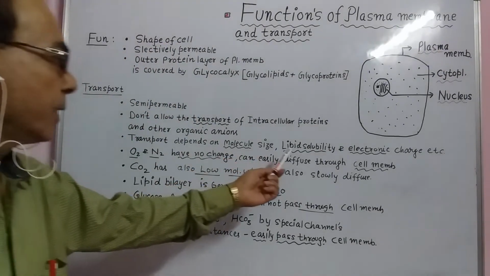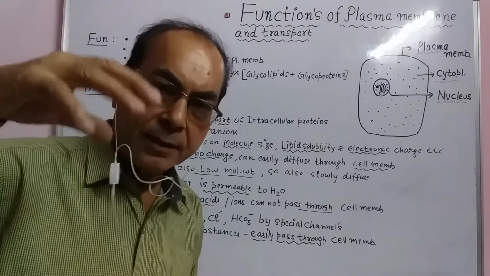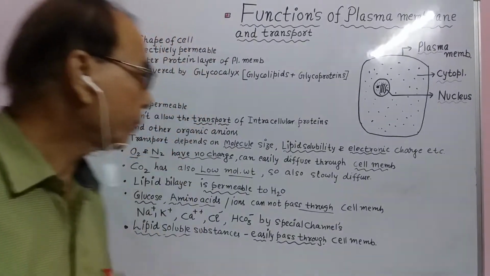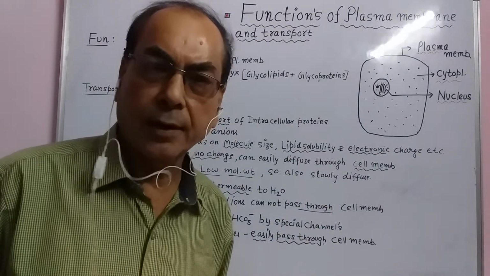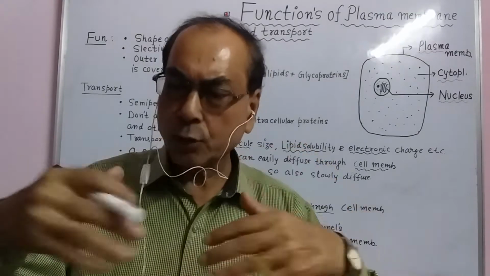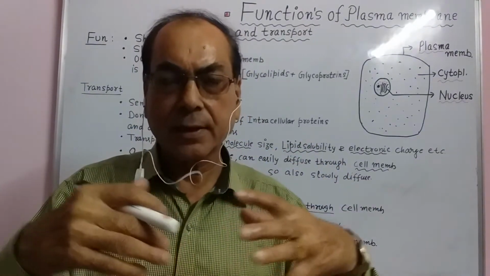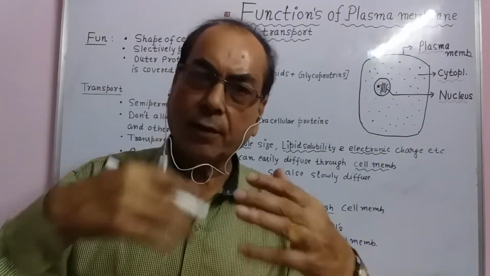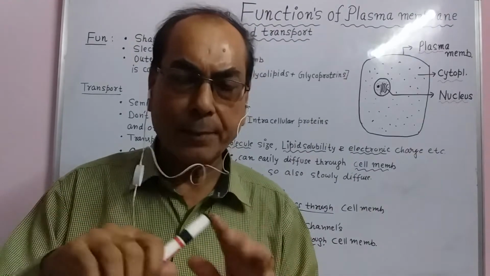Then lipid solubility, which means fat solubility, and electronic charge, etc. That is, how much electronic charge is there, how much it is electronically charged. So all these factors are responsible for the diffusion across the plasma membrane or cell membrane.